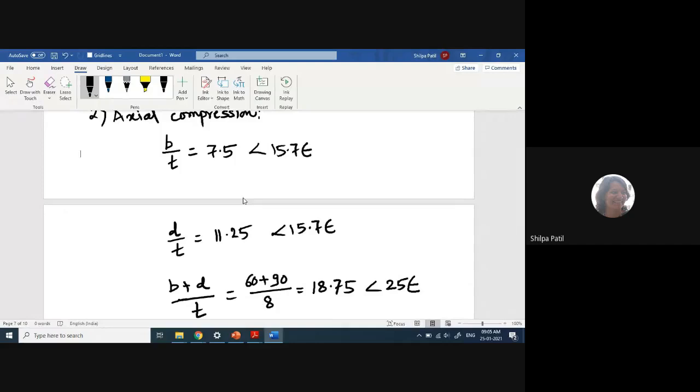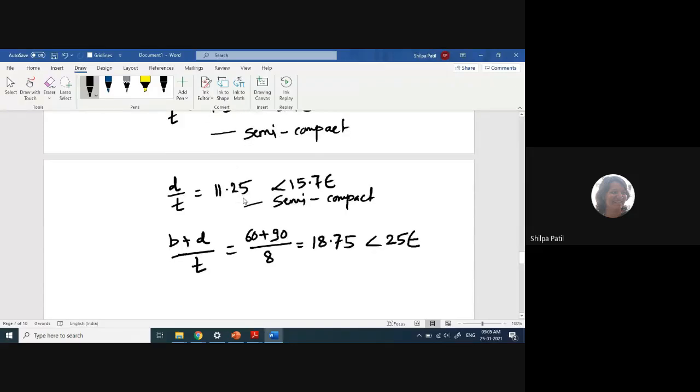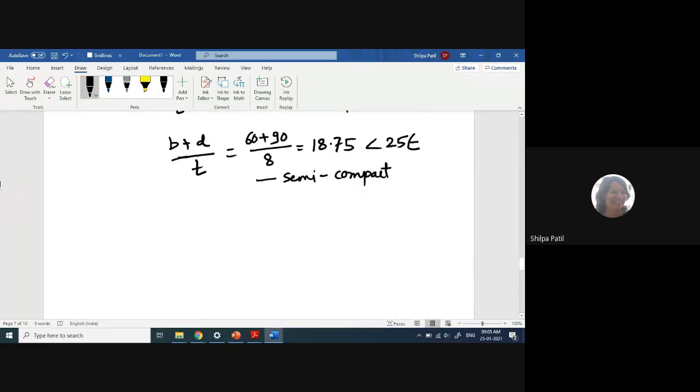All these criteria are satisfied for this class, semi-compact. So the section under axial compression is semi-compact.